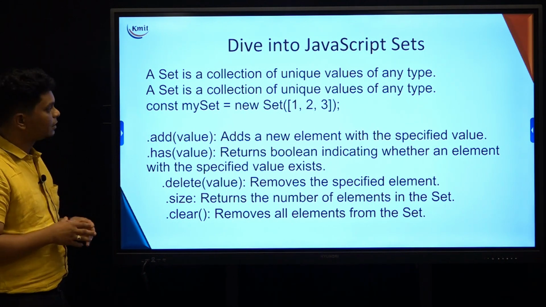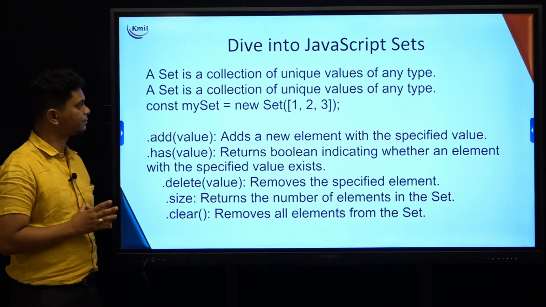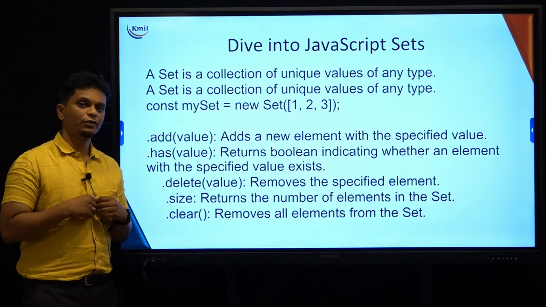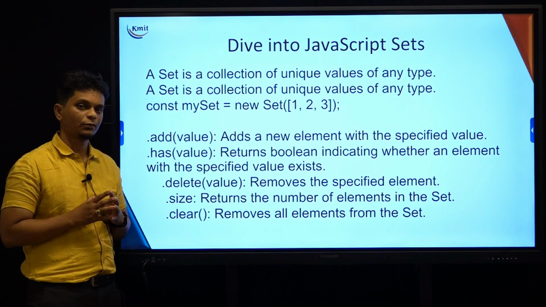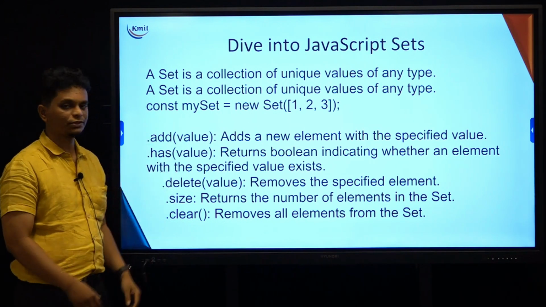And like I said, a set is a collection of unique values of any type. When I say unique, we have to be careful that a set does not contain duplicate or repeated values. So, this is the syntax of a set.